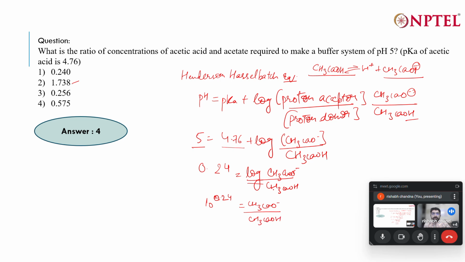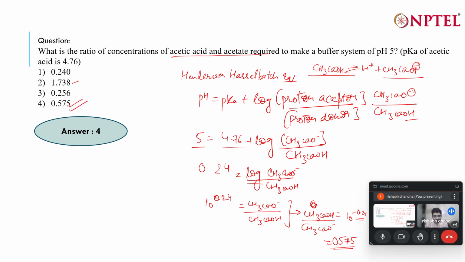Okay, and we have to calculate the ratio of acetic acid to acetate. So that would be the reciprocal of this. So that means 10 to the power minus 0.24. Okay, so if we calculate the value of 10 to the power minus 0.24, that would come around 0.575. Okay, so hence the correct answer is option number 4.